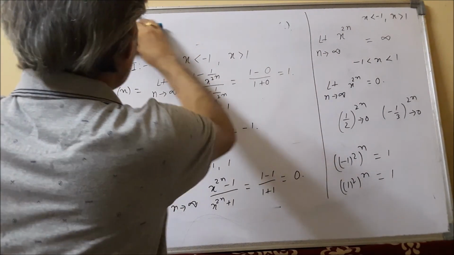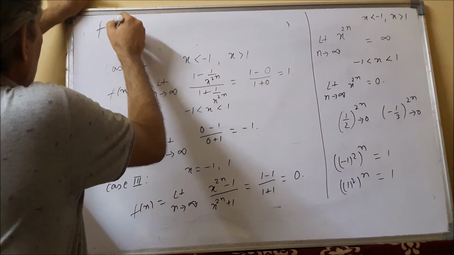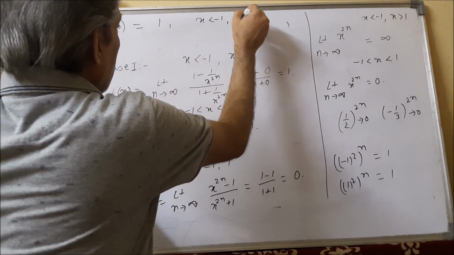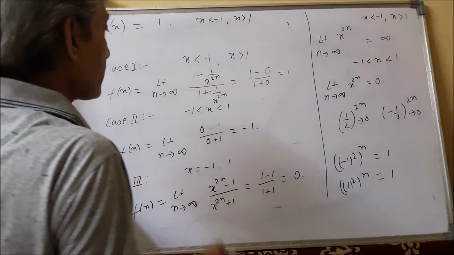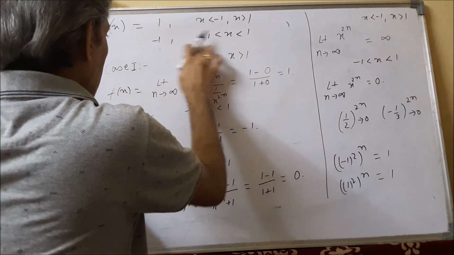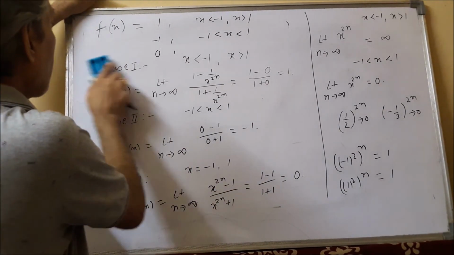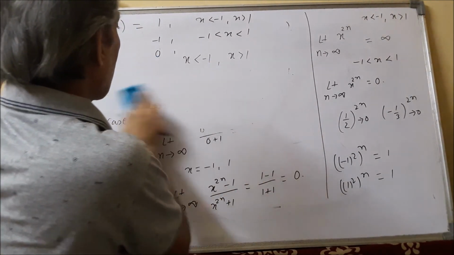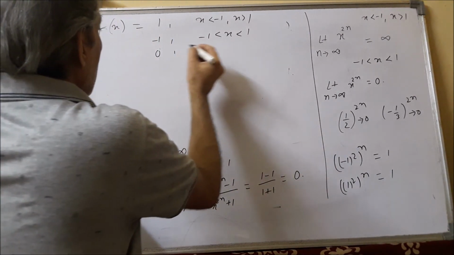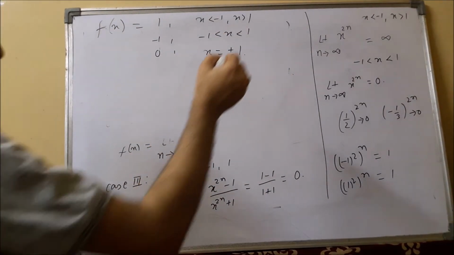What is our f(x)? f(x) equals 1 when x is less than minus 1 or x is more than 1. f(x) is minus 1 when x lies in between minus 1 and 1, and f(x) is 0 when x is plus minus 1. So this is the final answer.